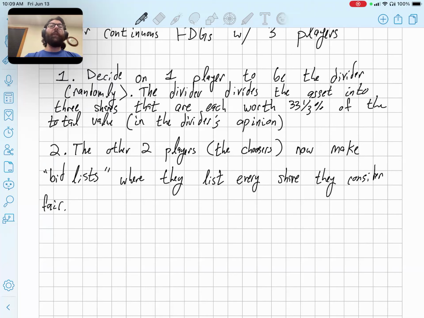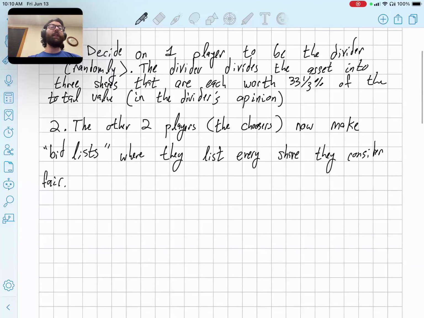So essentially, the other 2 players, they look at the 3 shares that the divider has made, and they say, that share is worth, to me, at least 33 1/3. That's fair. The second one, that's not fair. That's worth less to me. And the third one, that's fair to me. And so they all make bid lists where they just list every share that they consider fair.